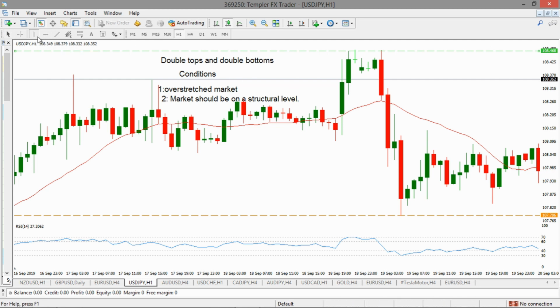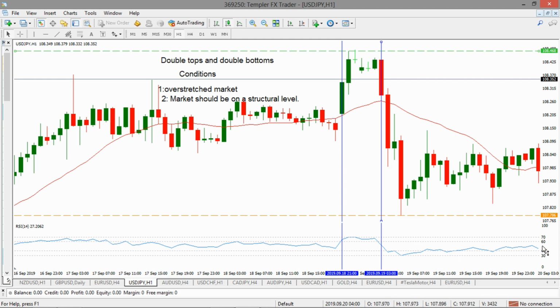First of all, we should try to see if the market is overbought or not. I'll do that by plotting vertical lines through this zone of our double top to see in which level the market is. As I said earlier, we will use the RSI indicator to know if the market is overbought or oversold.